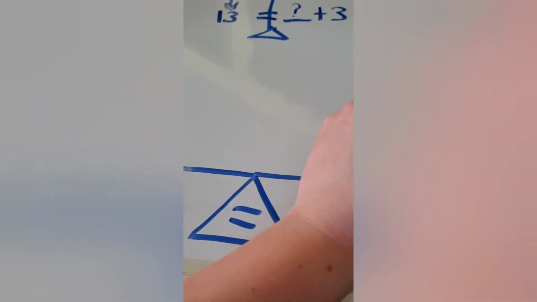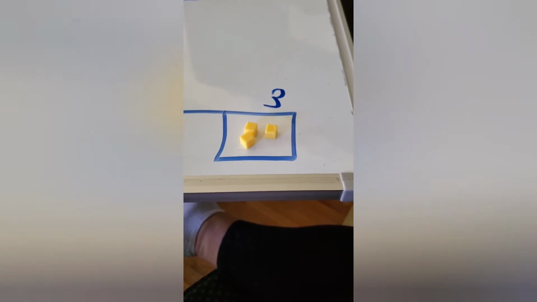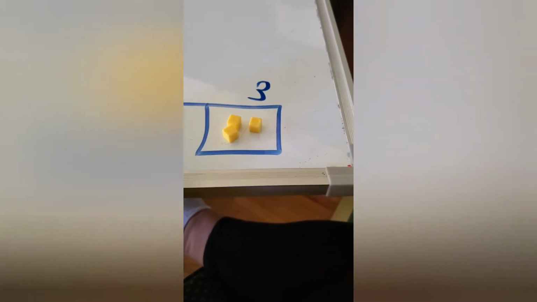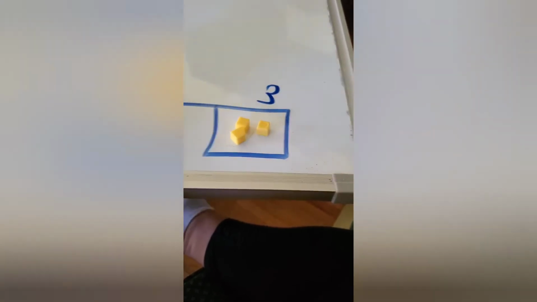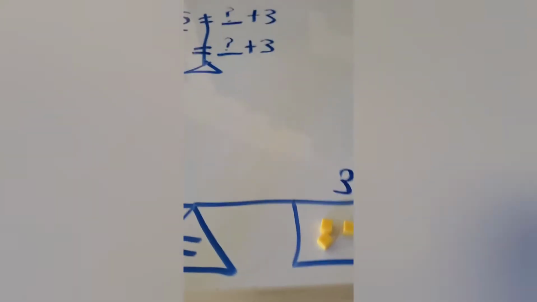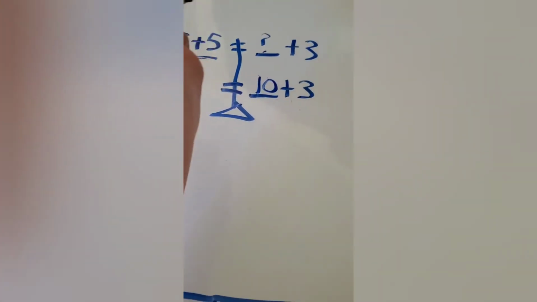I have 13, and then I have 3, right? So, what number added to 3 is equal to 13? You guys are right. It's 10.